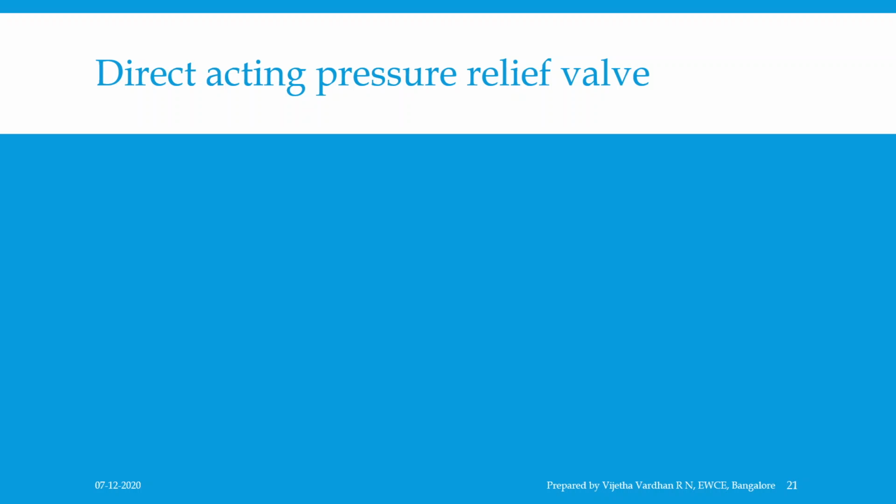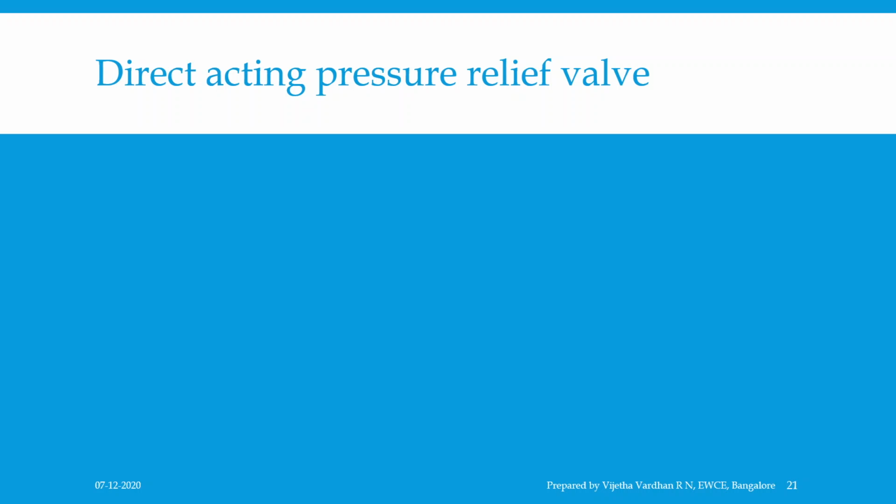The main function of this valve is to limit the pressure in the system to the prescribed maximum pressure by diverting the required quantity of oil from the output of the pump to the tank when the preset pressure of the system is reached. And there are two types of pressure relief valve. One is called the direct acting pressure relief valve and the other is called the pilot operated pressure relief valve.